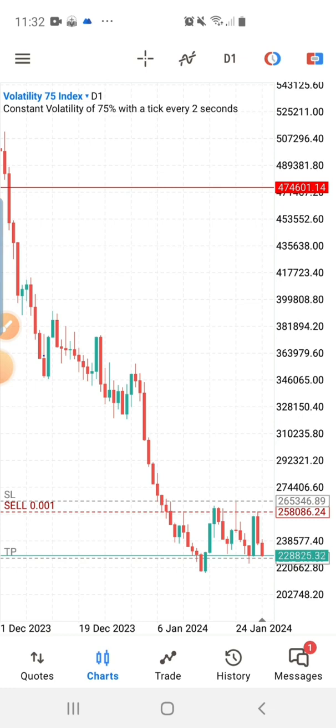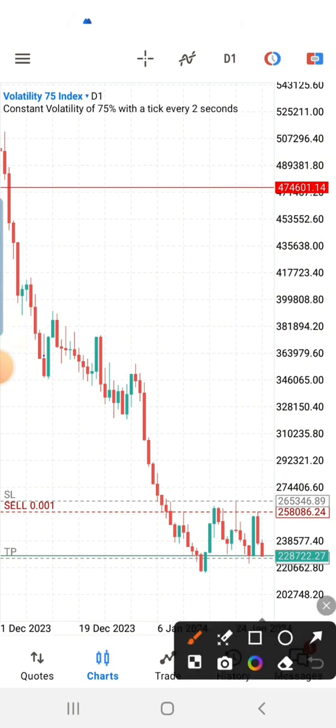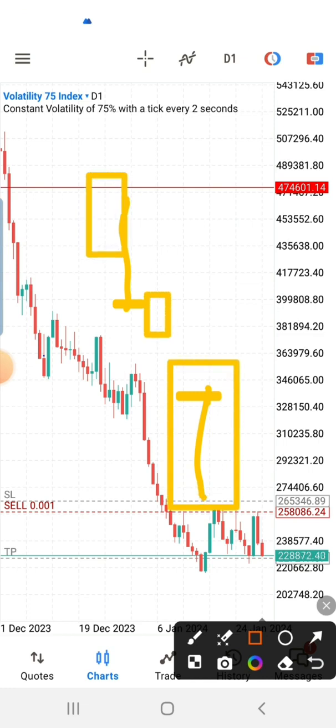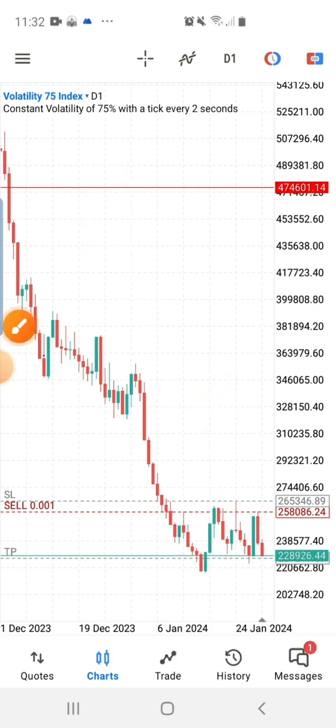I want you to always look out for a doji, indecision, but you need one with a long wick, either in the upward direction or towards the downside. You can have something like this. I'm just sketching. You are looking for something like this or something like this on a higher time frame, like the daily time frame, or you want to see it on the 4 hours. But I prefer starting from daily.